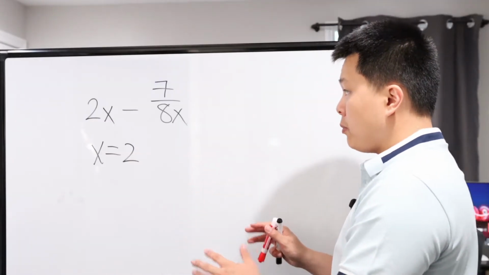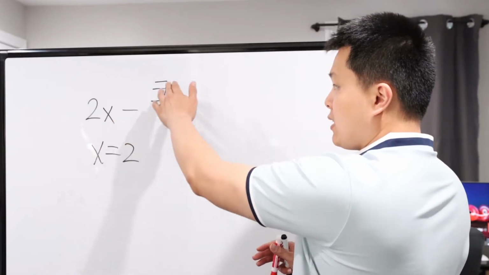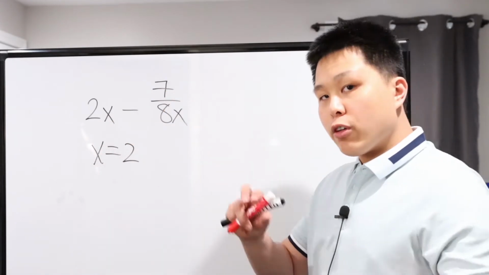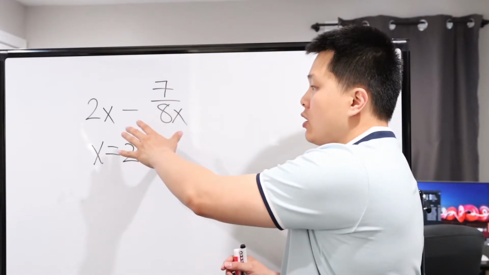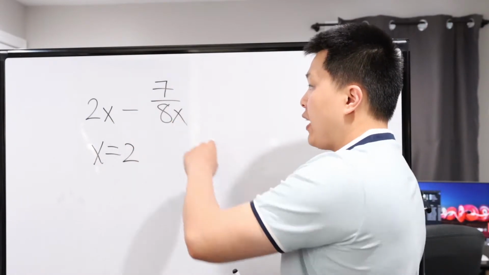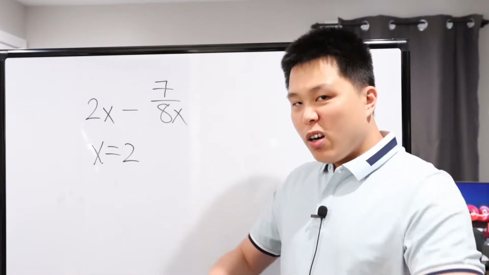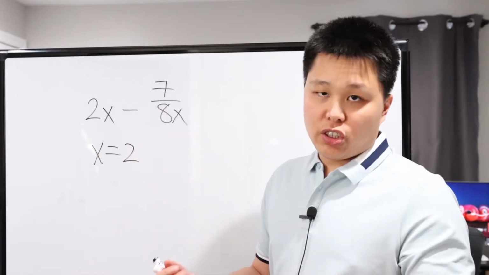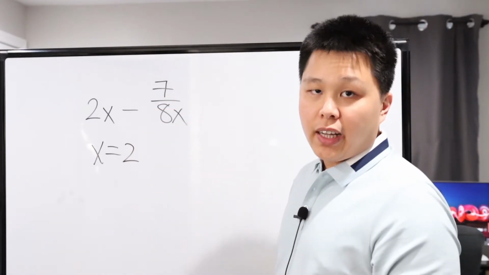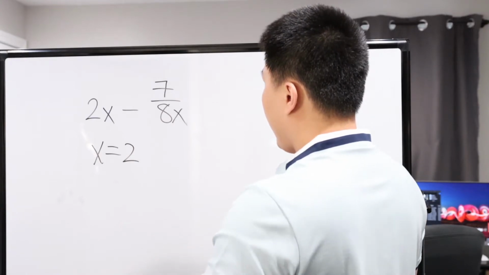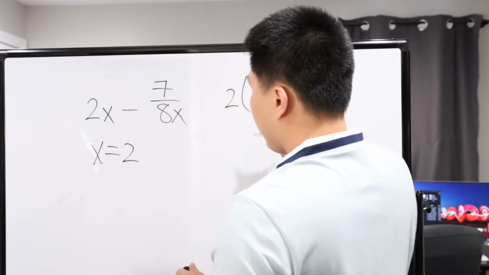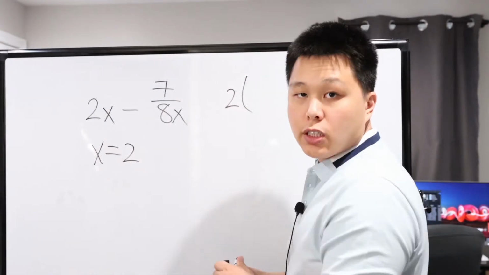So here's another problem. Here we have 2x minus 7 over 8x. Now there's different ways to approach it. You can easily combine like terms, just simplify as much as possible before you plug it in. Or you can plug it in and then just solve. Well, in this case, I'm just going to plug it in and then try to figure this out. So we have 2, and instead of x right now, we know that x is 2 itself.